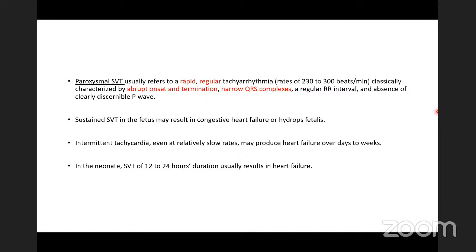Patients remain in those abnormal rhythms for weeks or months, and then they develop dilated cardiomyopathy or congestive heart failure. So it's also important to identify them. Specifically in the neonates, SVT that's persistent for 12 to 24 hours usually results in heart failure. So you should act promptly.